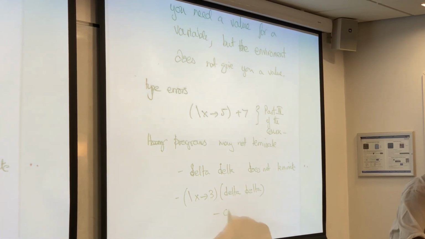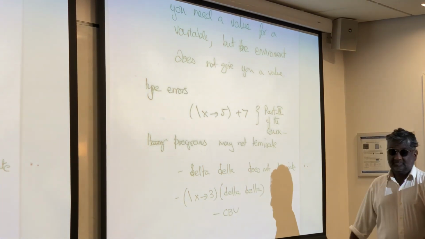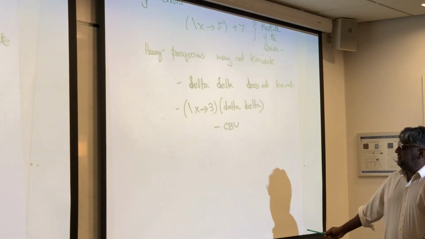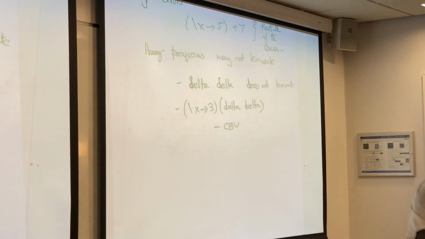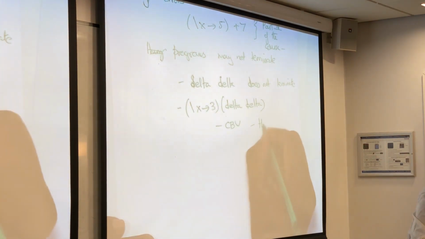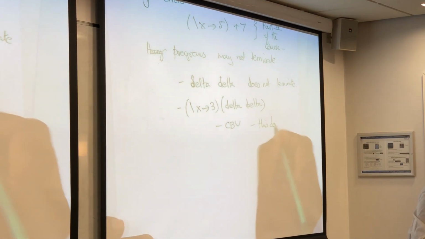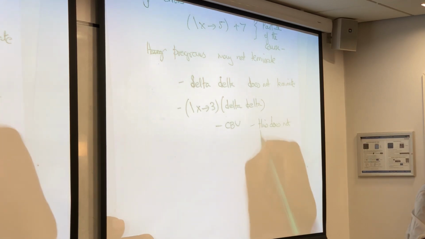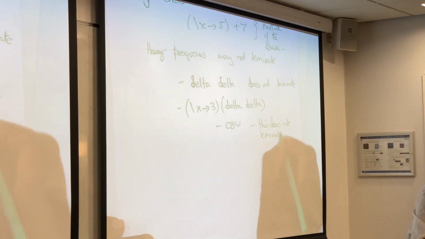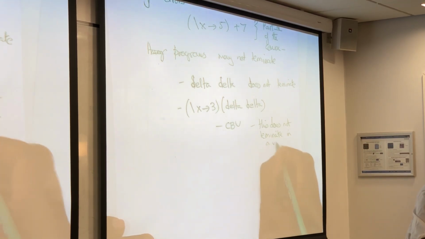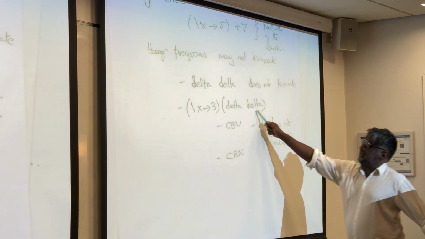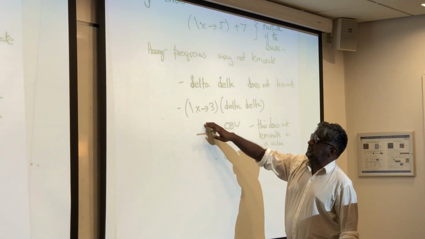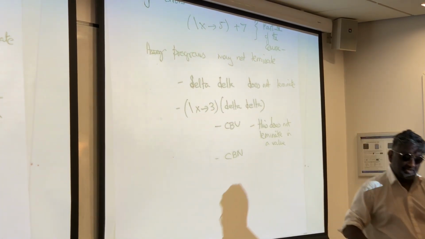If you use call by value, where you have to evaluate this first, well, this doesn't terminate, so you don't get a value. Or call by name, where you don't evaluate this, you just say, oh, well, x is going to be this. Oh, I don't use x, I get 3. So there we do.